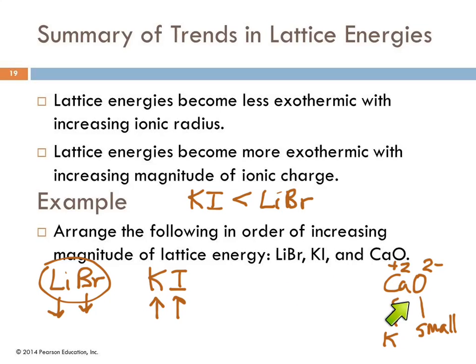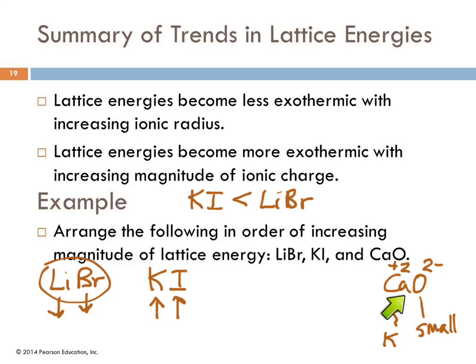The oxygen is smaller than both of these, probably significantly, because it's 2 rows above bromine. Does this matter? That matters a great deal. So this is similar to that one. This is smaller than both of these, and we have this factored in.